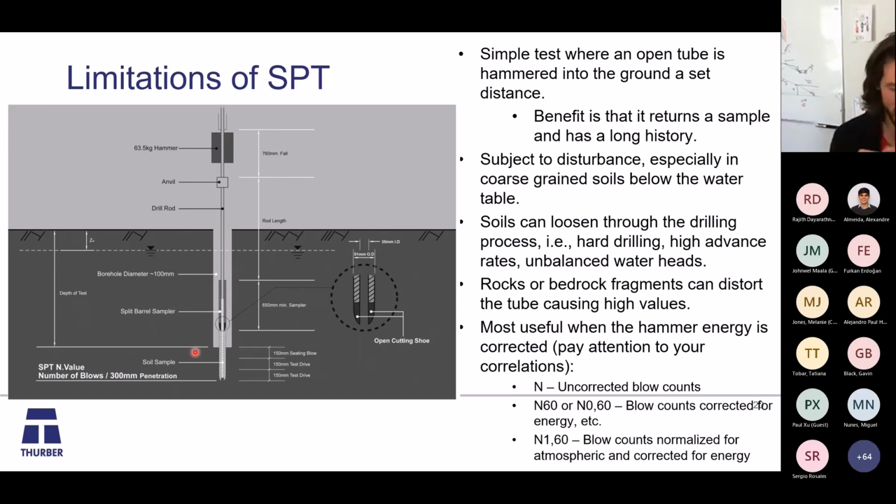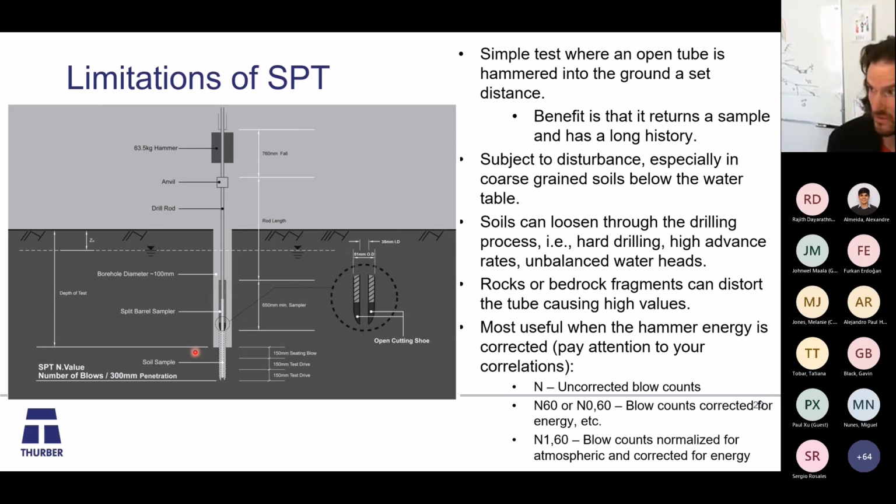And I think I'd just take a pause to talk about the SPT. This is something that you will probably come across the most. It's a very simple test where we take a pipe and we smash it into the ground a set distance with the same energy, and we've used it forever.